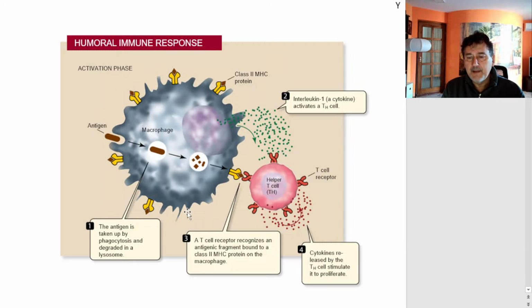So the MHC proteins are also called in the human case HLA. MHC is short for major histocompatibility complex, while HLA is human leukocyte antigens. So the point here is that these two are the same.